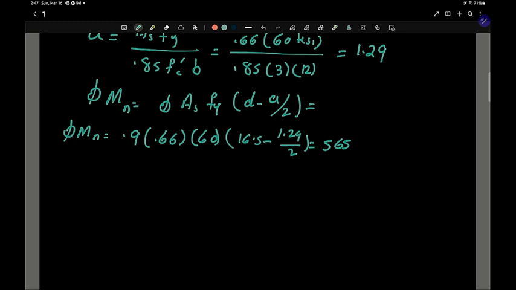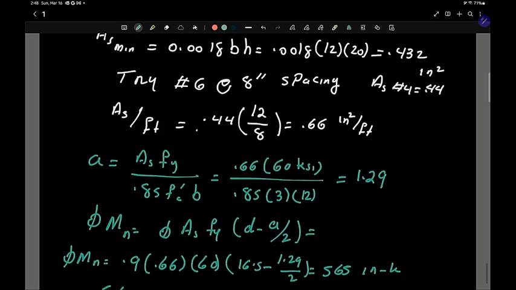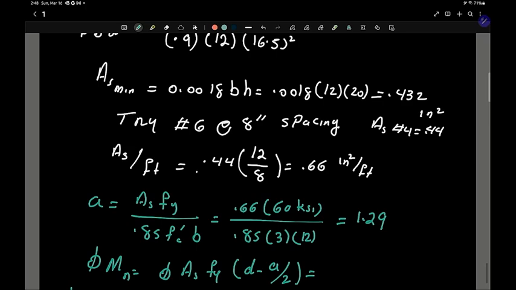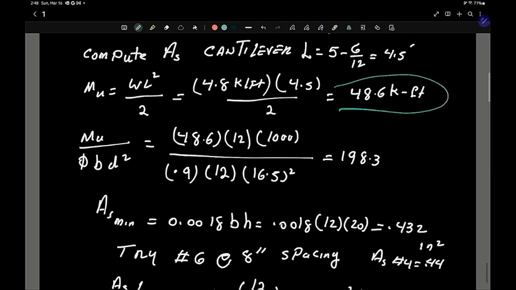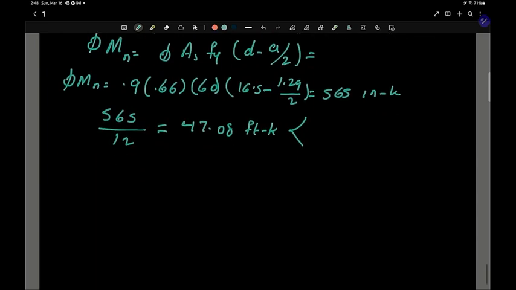That's inch kip. Remember, just make sure your unit is correct. Inch kip. We don't like inch kip. Let's convert that to foot kip. So if I have 565 divided by 12, that will give me 47.08 foot kip, which is less than our number right here, 48.6 kip-feet.